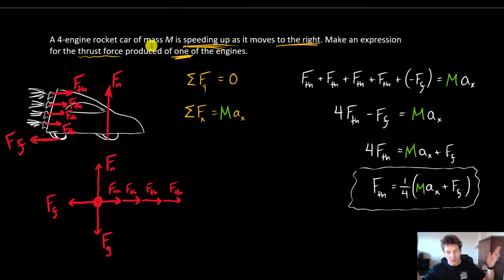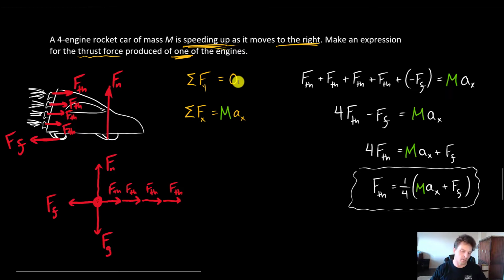So big M for mass times acceleration. Okay, changes nothing about any of the problem that we did. It just changes the variable that we used.